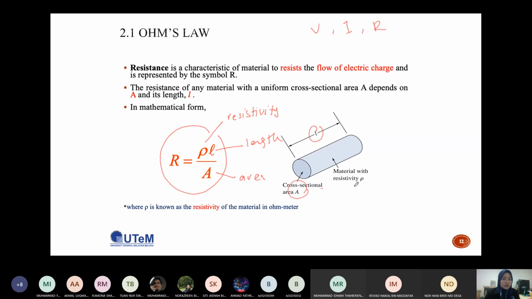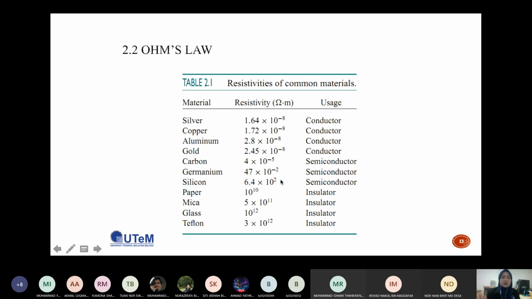For different materials, you have different resistivity values, and you can refer to this table. Different materials have different resistivity.